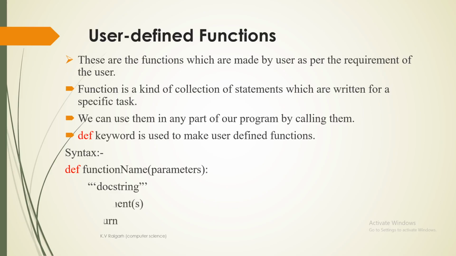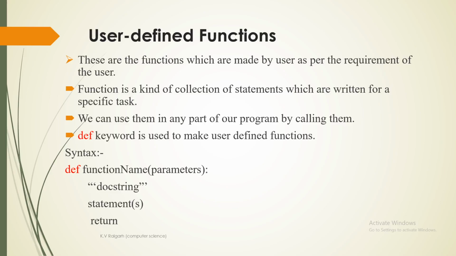Now, after writing the docstring, we write some statements inside this function. Now these statements are based upon the task. What kind of task you want to perform through this function. According to the task, you write some statements for that task. When you write the statements according to the task, at the end of this function we use a return keyword.